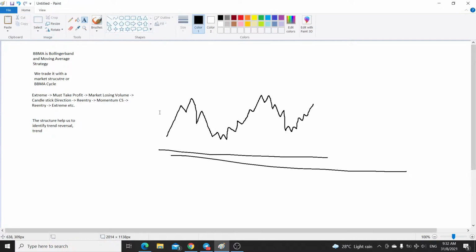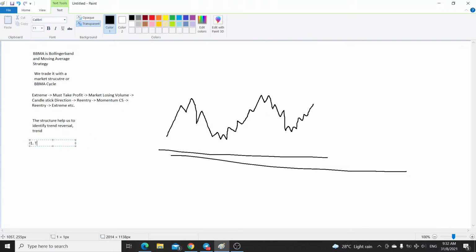Okay, so once we know the market structure, we know what is the likelihood, what's the direction of the trend, right? We know that it's probably going down, going up. First thing we're going to know is we understand our trend direction. Okay, up or down.